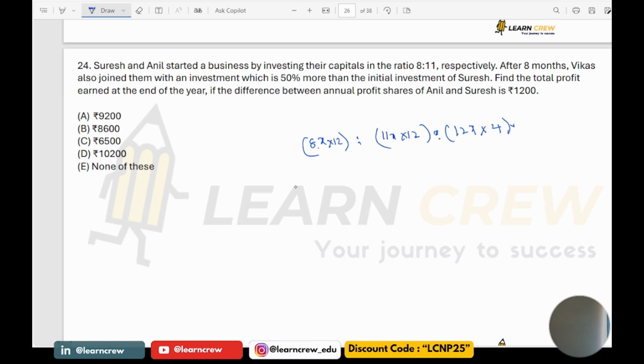Okay, this is the ratio. So how much you are going to get? 8:11:4. So thereby the required profit would be 1200 into 8 plus 11, 19 plus 4, 23 by 3. So it is 9200. So answer is 9200.